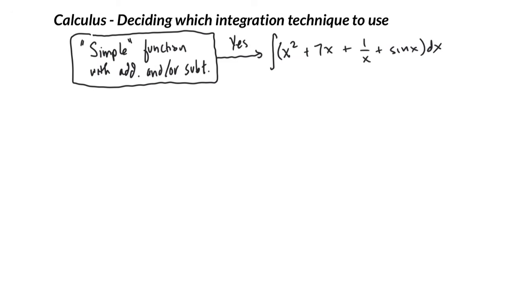If it were a simple function that involved only addition and subtraction of a bunch of separate little pieces, for example, this. It's x squared, 7x, 1 over x, sine x, a bunch of just little functions that I have a separate rule for, and I could just easily do each individual piece and keep the addition between them.